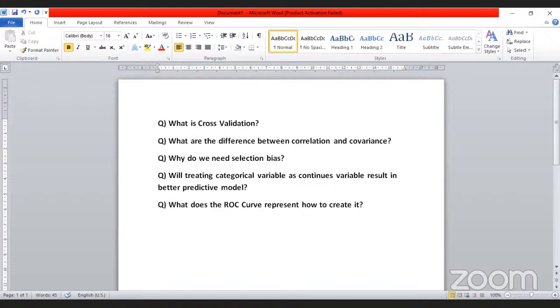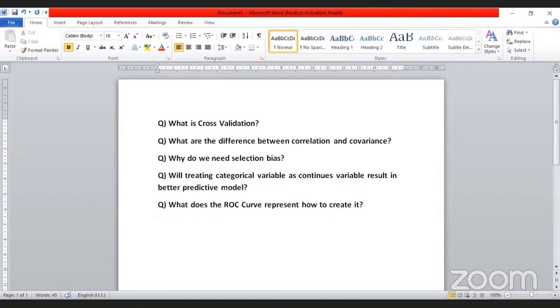Okay, so the ROC curve is a graphical representation of the contrast between false positive rate and true positive rate at different thresholds, right? The threshold will be different; it will depend on the scenario, whatever threshold you are going to select.